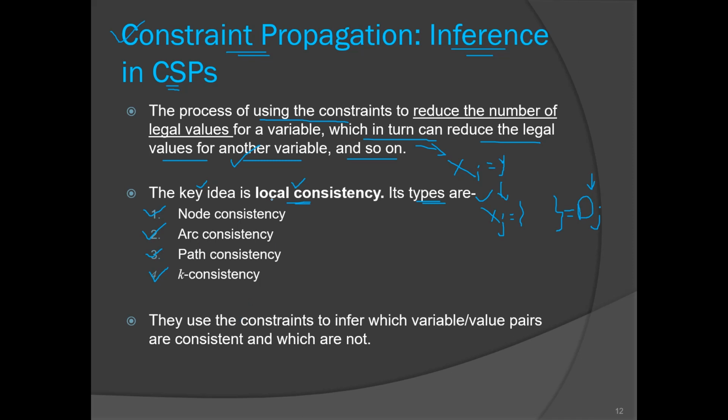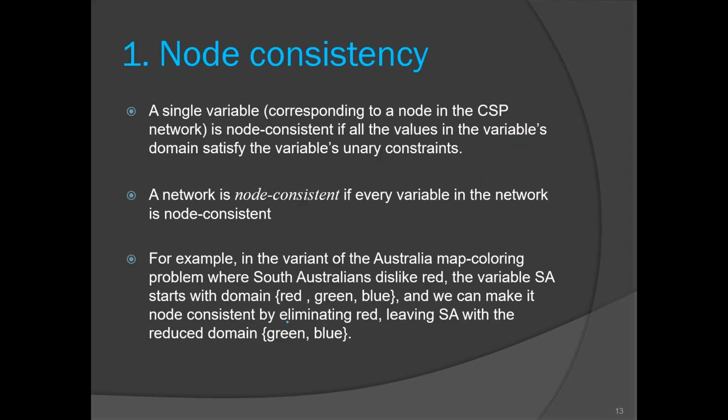Along with local consistency they use these different types. They use the constraints to infer which variable value pairs are consistent and which are not. First one is node consistency. A single variable is node consistent if all the values in the variable's domain satisfy the variable's unary constraint. We are talking about one particular node only.